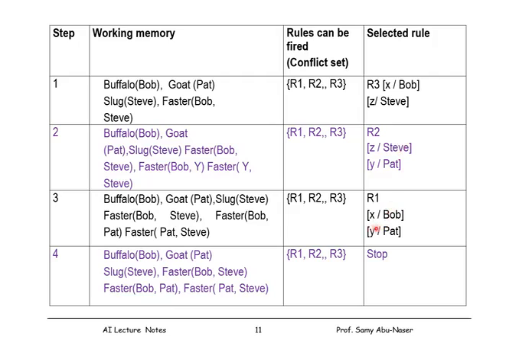Take into consideration X is Bob, Y is Bat. Execute R1. The result is we have Bob Buffalo. The rule 1 says if X is Buffalo and Y is Goat, then faster X and Y. So faster X Y, X is Bob and Y is Bat, we get Buffalo Bob, which is a fact, and Goat Bat, which is a fact, meaning no more things need to be proved because everything is proved, and we stop in this case.